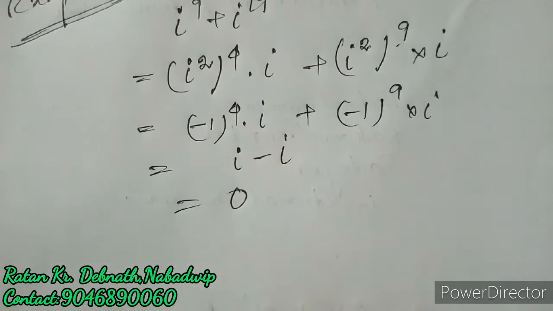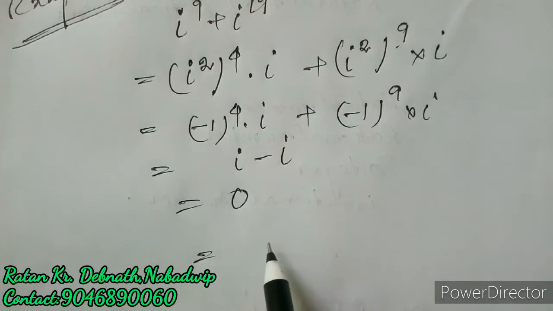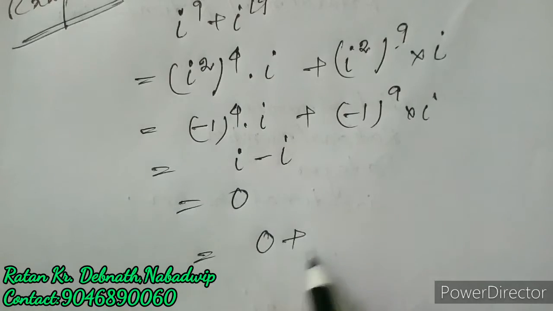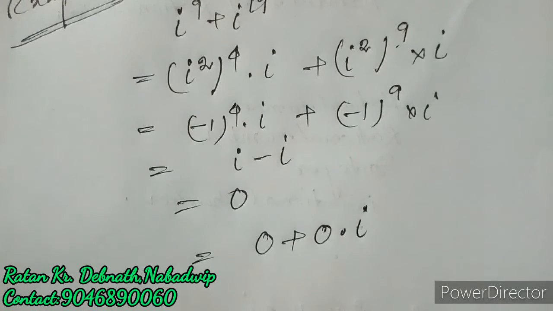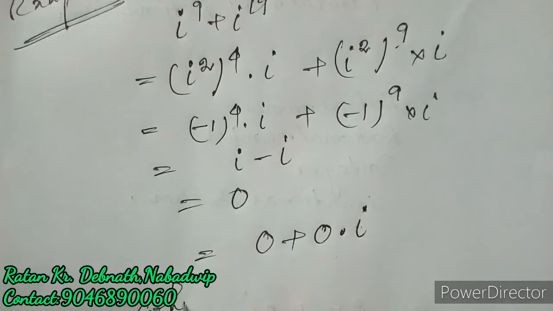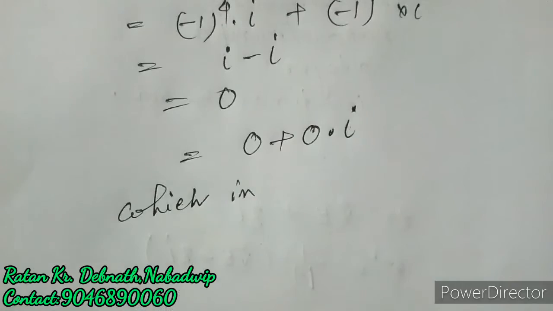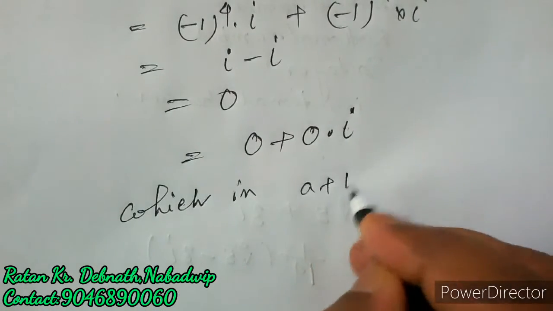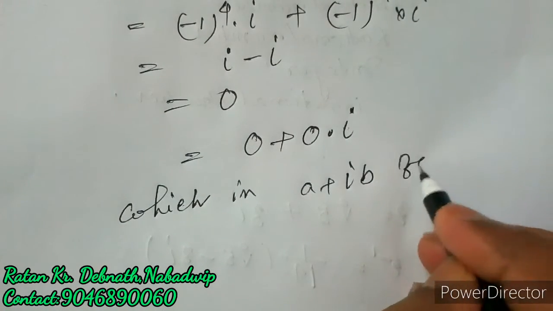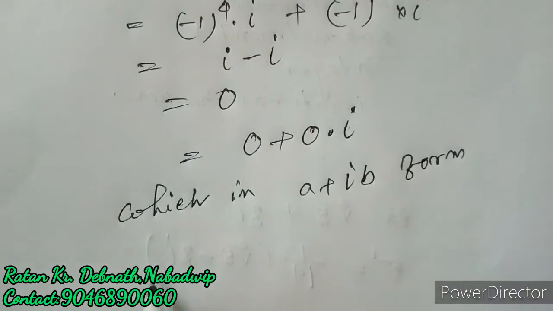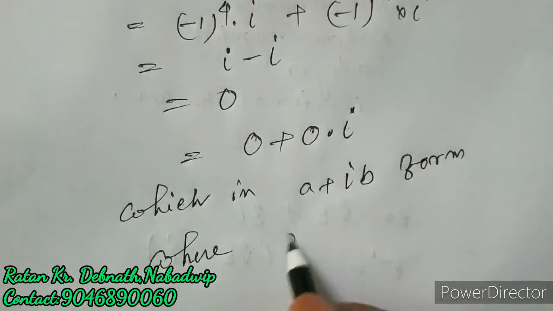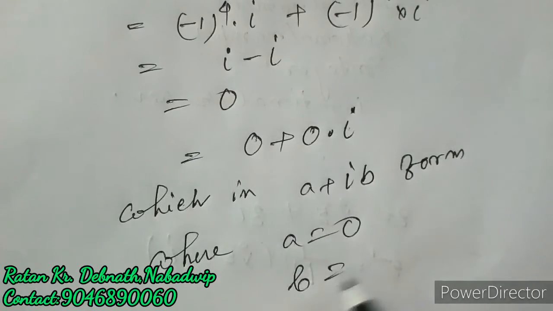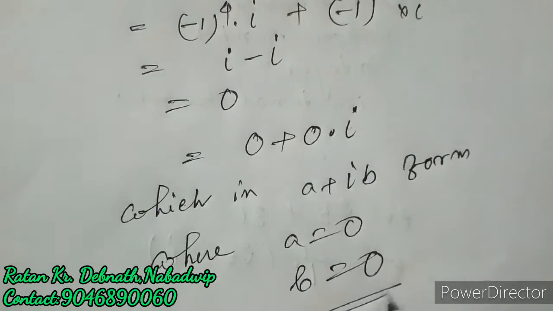So the result is 0. We can express this as 0 plus 0i, which is in a plus ib form, where a equals 0, b equals 0.